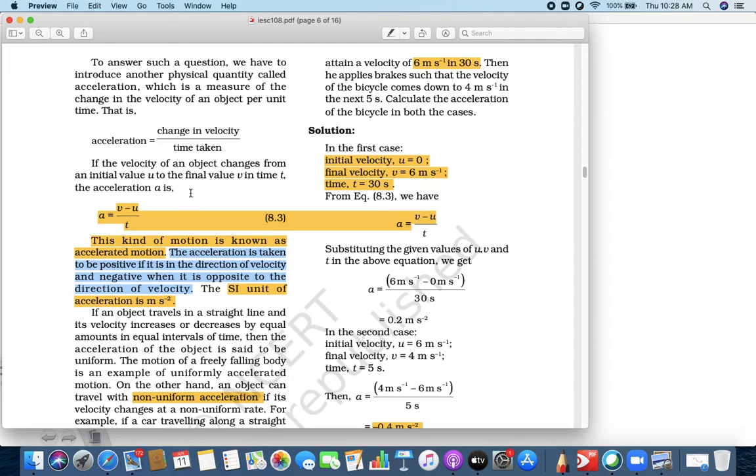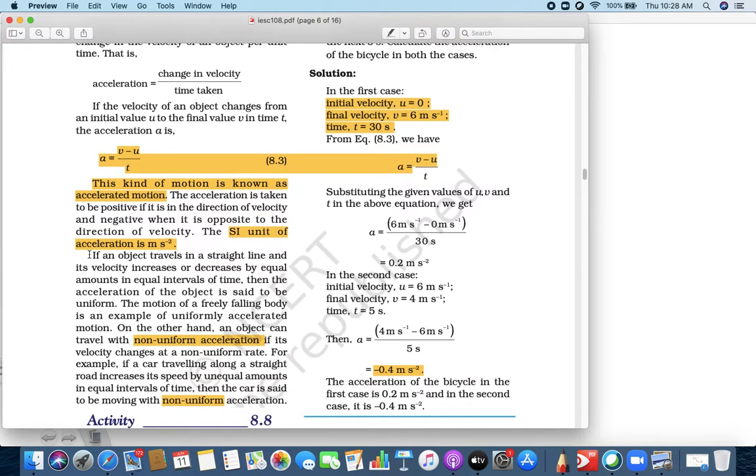but if it is increasing or decreasing in a uniform way, then we can call it uniform accelerated motion. If your object is traveling straight, and if velocity is increasing or decreasing by an equal amount in equal intervals of time, then such motion is called uniform accelerated motion.